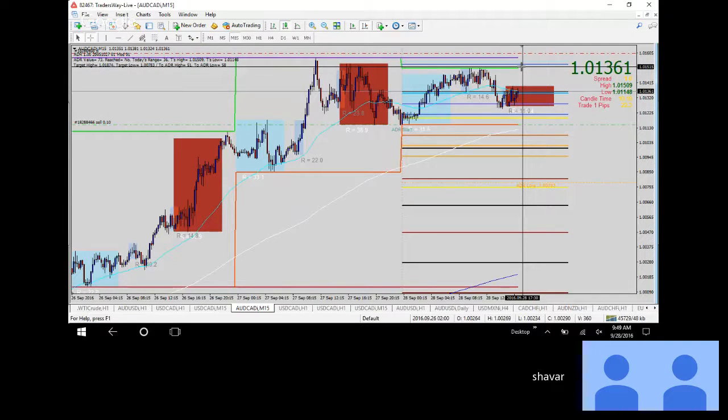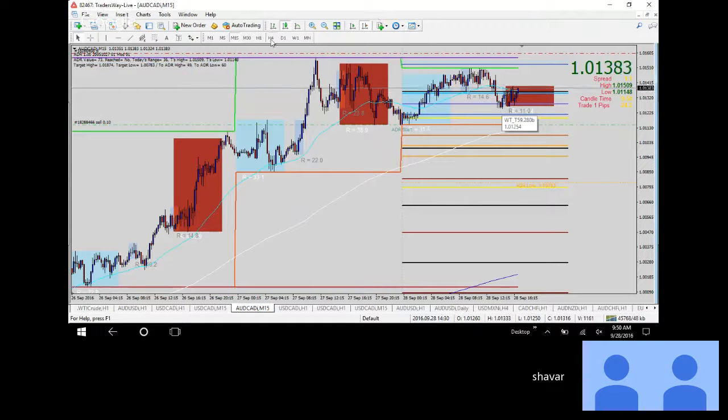I see it hit this area New York session yesterday, came back and retested London session, then dropped from there about 25 pips. So this pair does not move a lot throughout the day. The ADR is about 73 pips a day, so you're not going to see any major drops or major rises. But we are holding this for a swing.